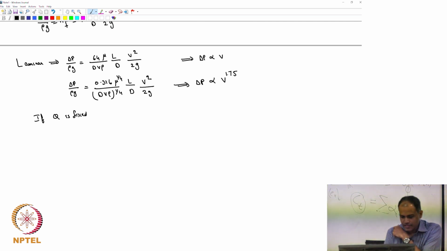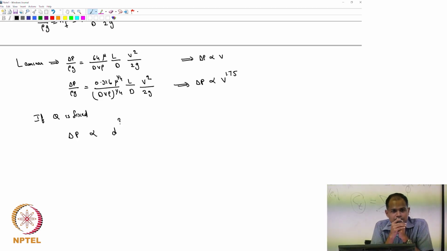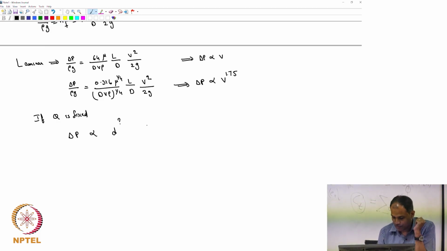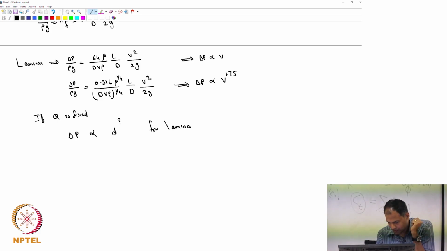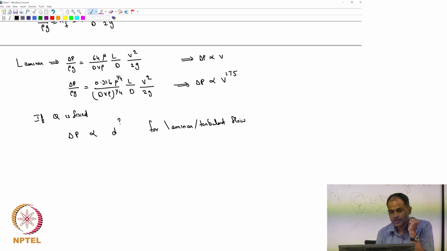If the flow rate is fixed, what is delta P proportional to D to the power of question mark, for laminar and for turbulent flow? Flow rate is fixed through the pipe.